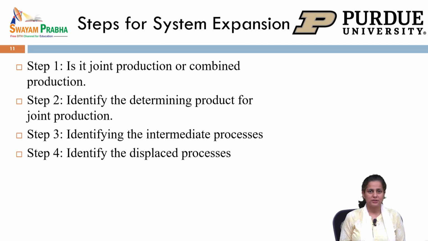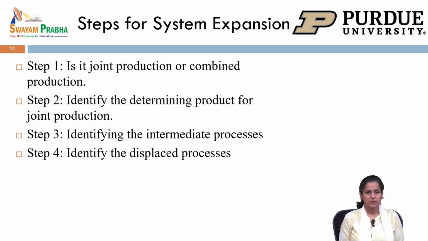When we think about system expansion, there are essentially 4 steps. First, we think about whether it is a joint production or combined production. We will see the definitions in a few seconds. Then we identify the determining product for joint production. Generally, the determining product, if it is the focus of our LCA, determines the whole scaling.